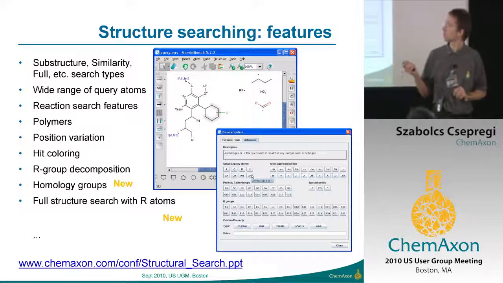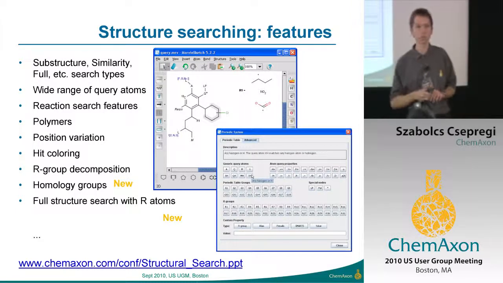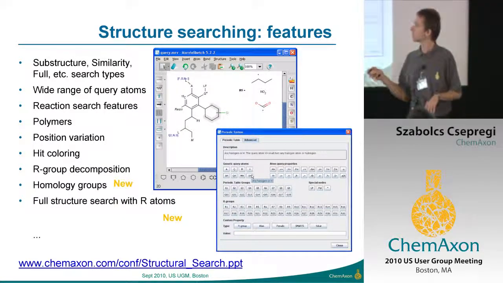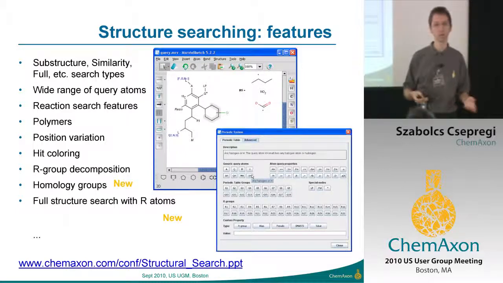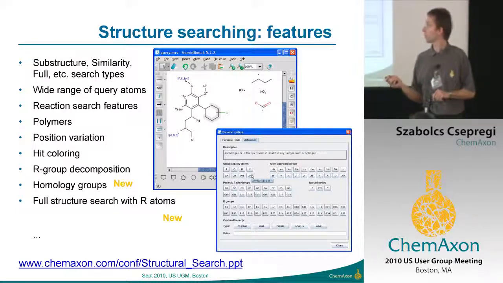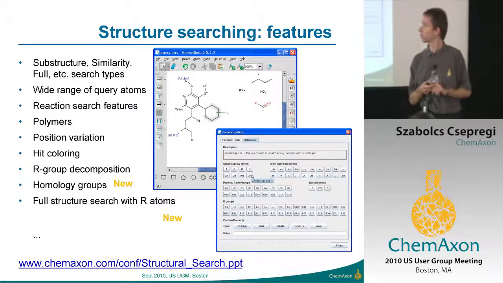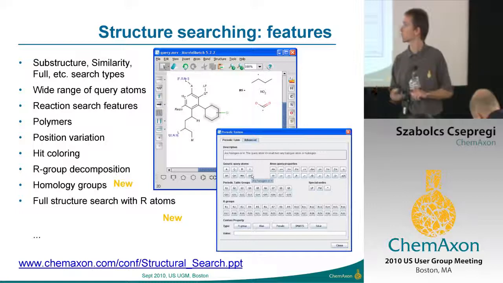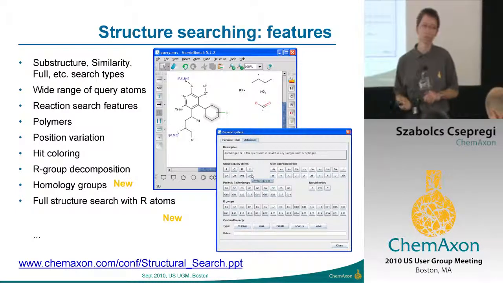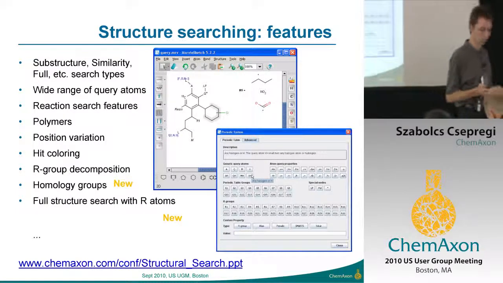Okay. We also have an R group decomposition API. It is not yet integrated into the user interfaces. That will come probably next year. And quite recently, we have also just introduced a new full structure search using R atoms. I will show that also later.